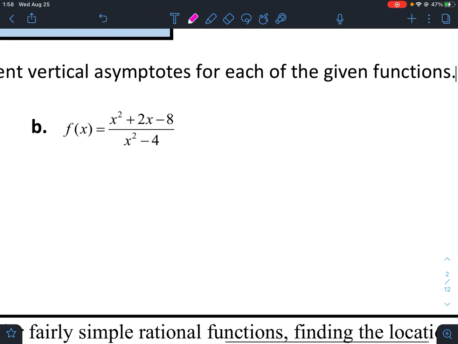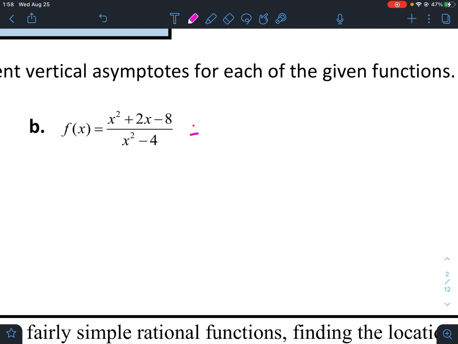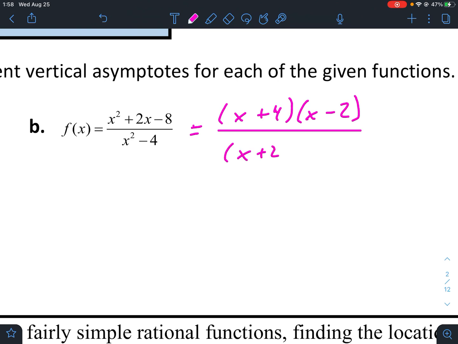Okay, part B, this time the numerator is factorable. And again, we get two discontinuities, one at x equals negative 2 and one at x equals 2. So it's our job to figure out if they are holes or vertical asymptotes.